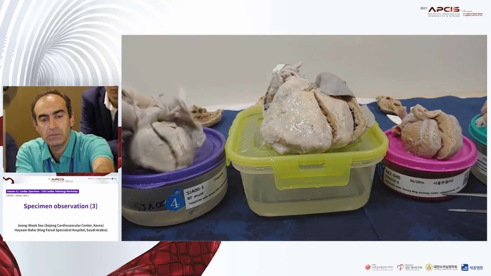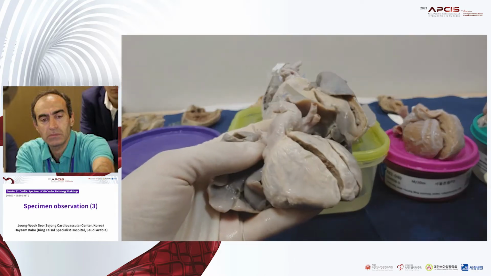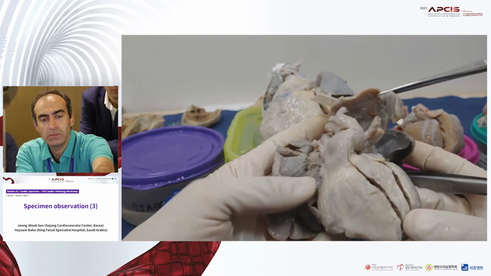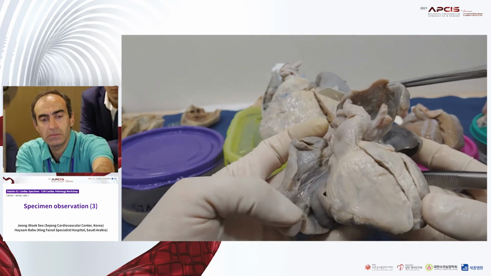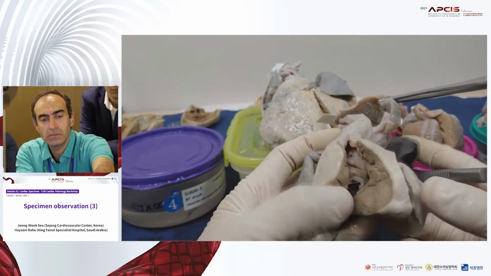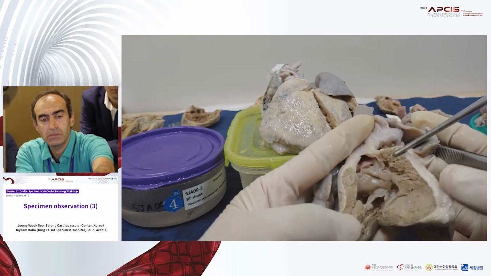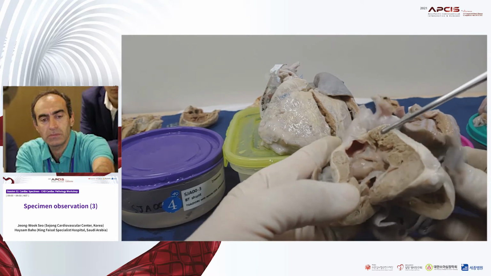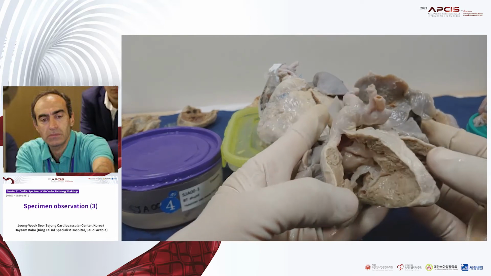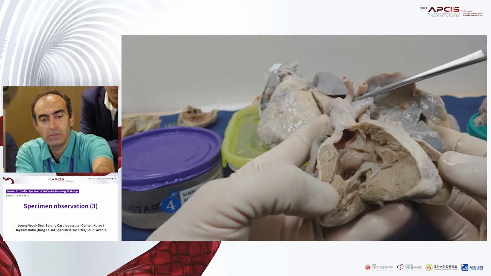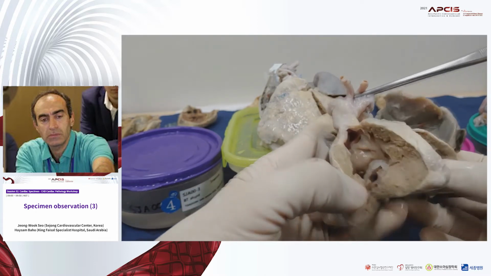Okay, so let's now shift gears and change lesions and look at this specimen right here. This is a case of double outlet right ventricle. So if we open the heart and look at the intrinsic anatomy, we can see here that the aorta, as you can see here, is coming from the right ventricle.